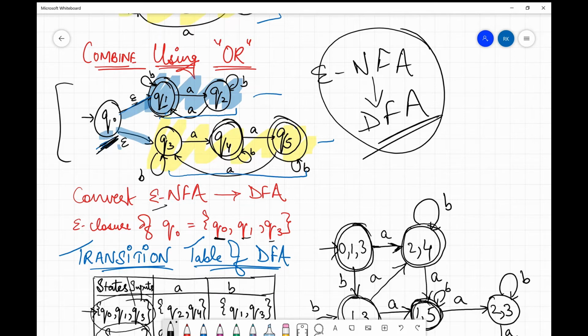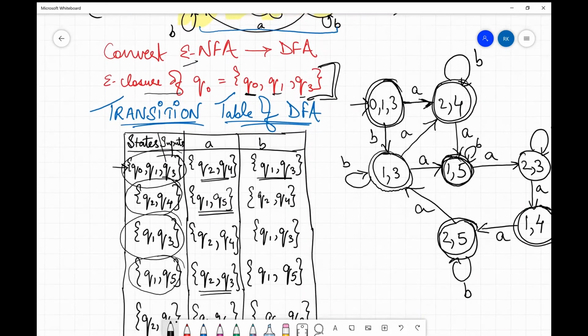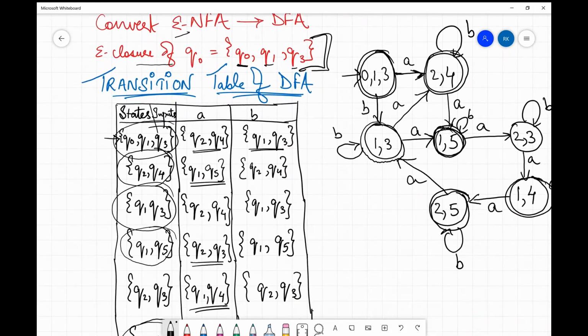Similarly for Q3, if I give input epsilon, I won't be able to reach any other state. So that means we are done with the e closure of Q naught, and this forms the starting state of our DFA. So now I am starting to build the transition table of my DFA.